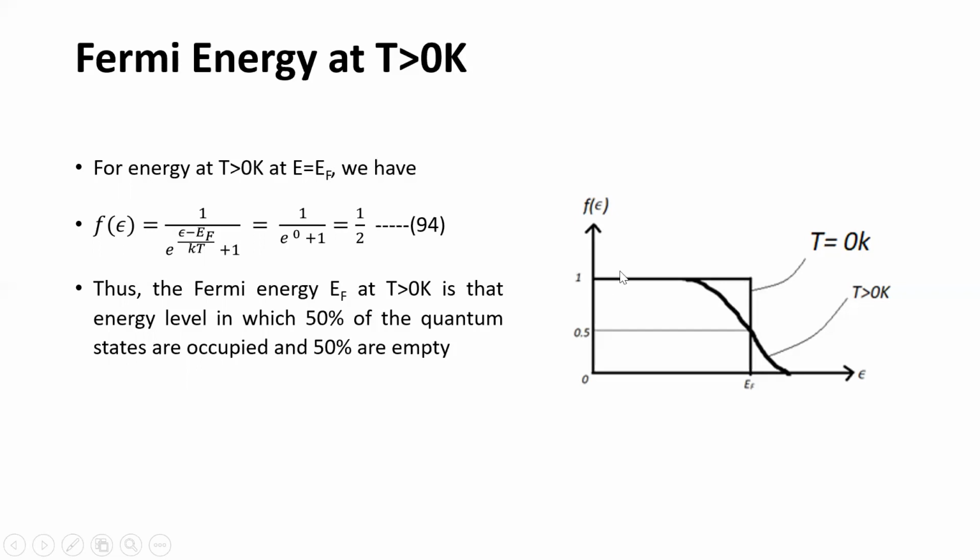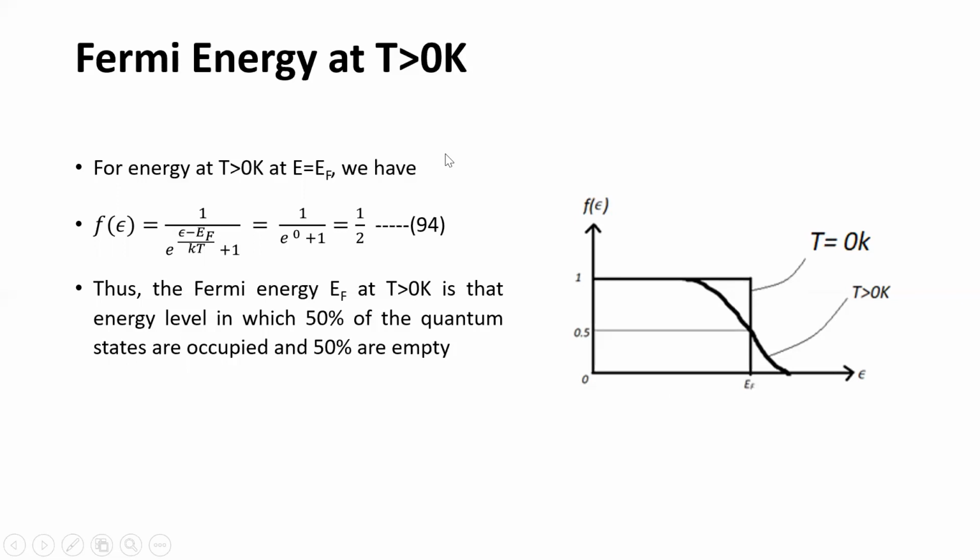From this figure, you can see this curve shows T is equal to 0 Kelvin. And this is occupation index. So when E is less than EF, the occupation index is 1 for T is equal to 0 Kelvin. And when E is greater than EF, the occupation index will be 0 for T is equal to 0 Kelvin.